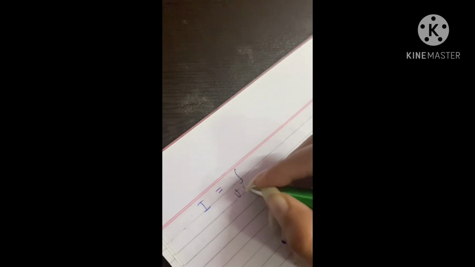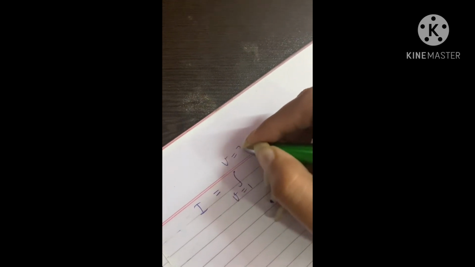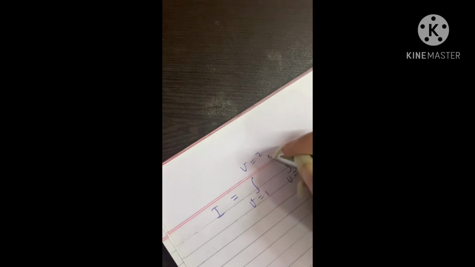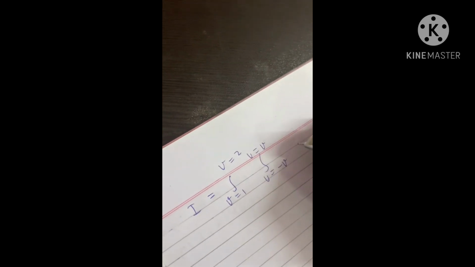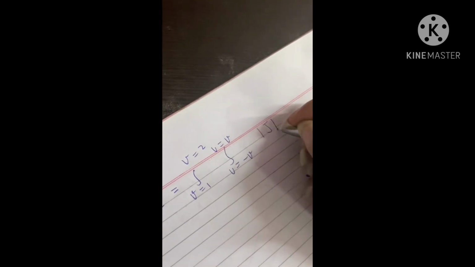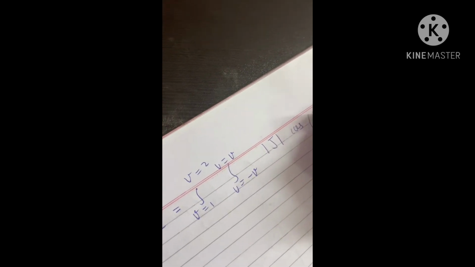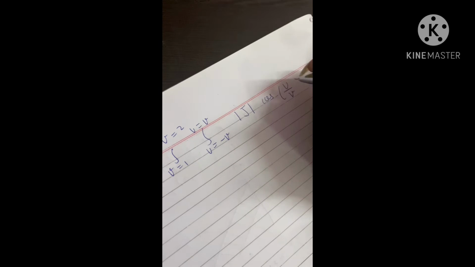So now we have the integral with v from 1 to 2, u from minus v to v, with the Jacobian factor, and by substituting, the function will be du dv.